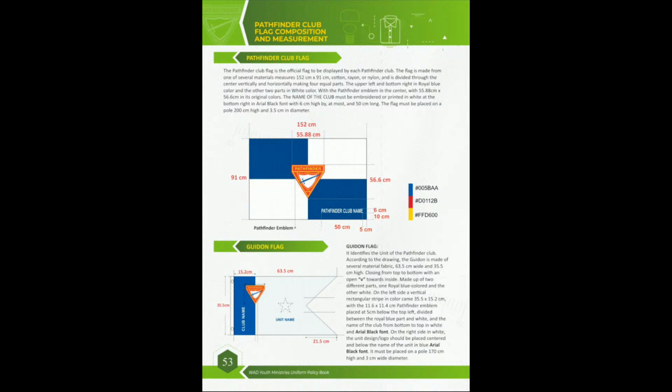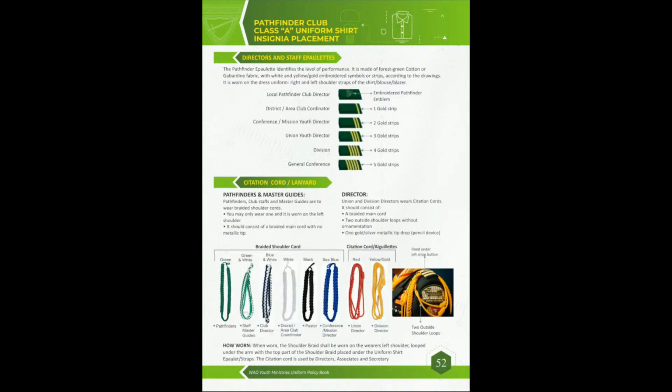For district and area club coordinators, all of them should put white. And for pastors, it should be black. And for conference or mission directors, they should put brown. The one who is in charge of conference or mission should have brown. So this is the adventurer flag.